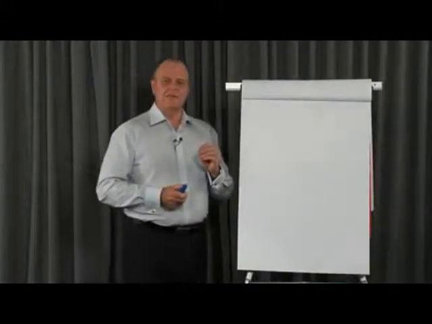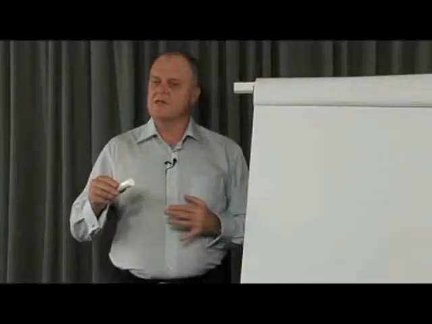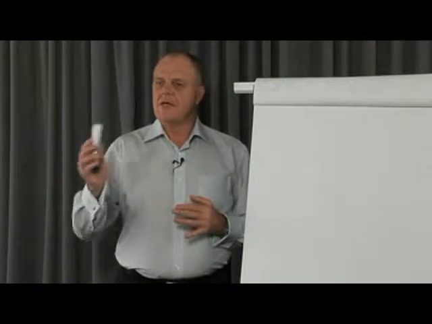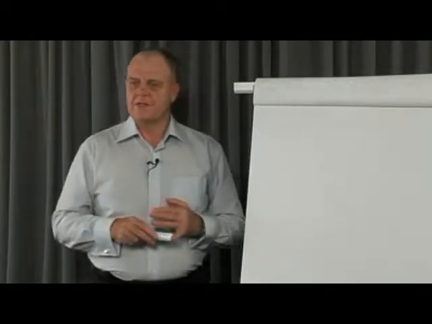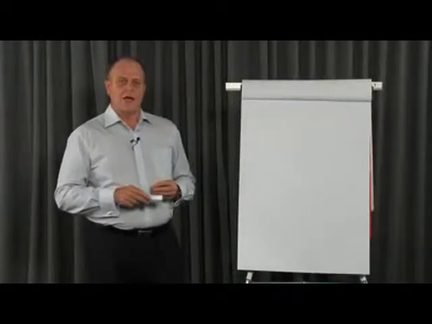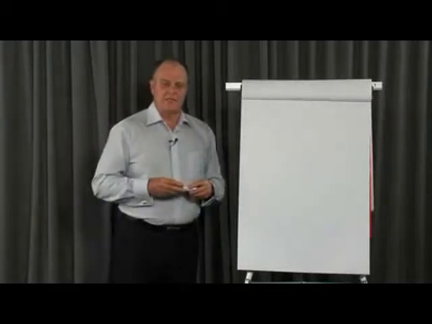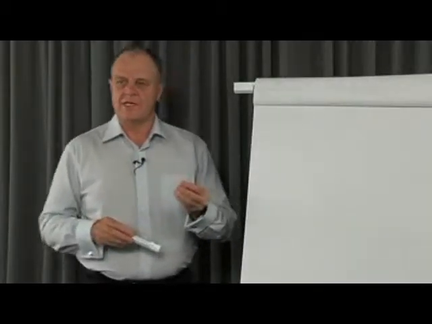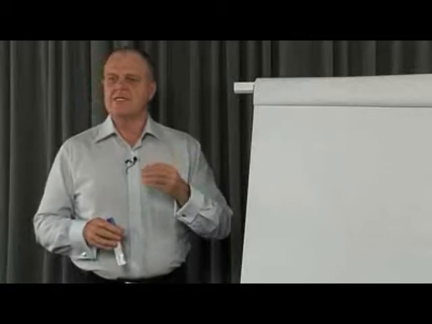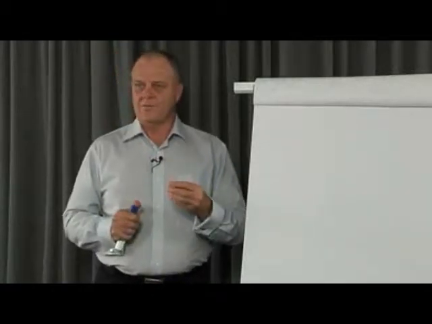Now, a number of lenders will be willing to lend based on the income and profit of that company. But they will generally also ask for a director's guarantee, being that anyone that is a director of that company guarantees the loan.